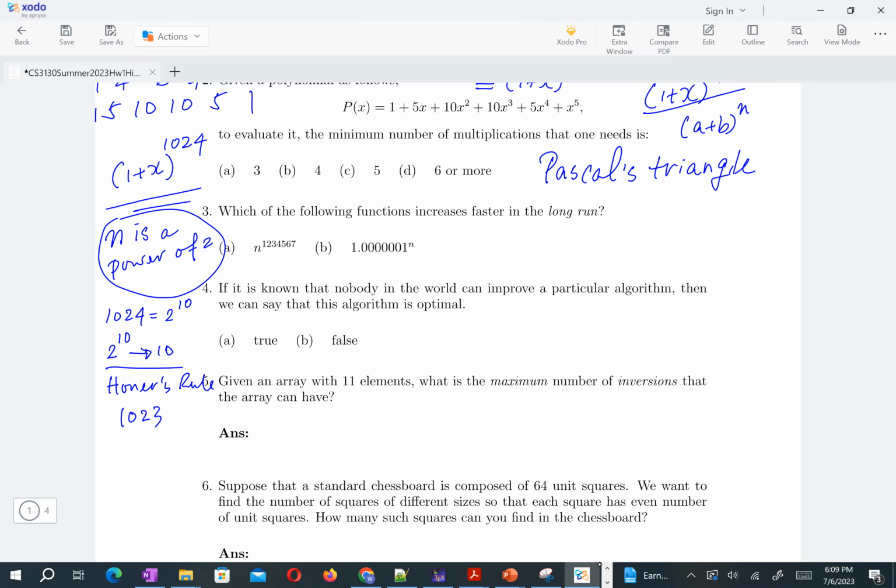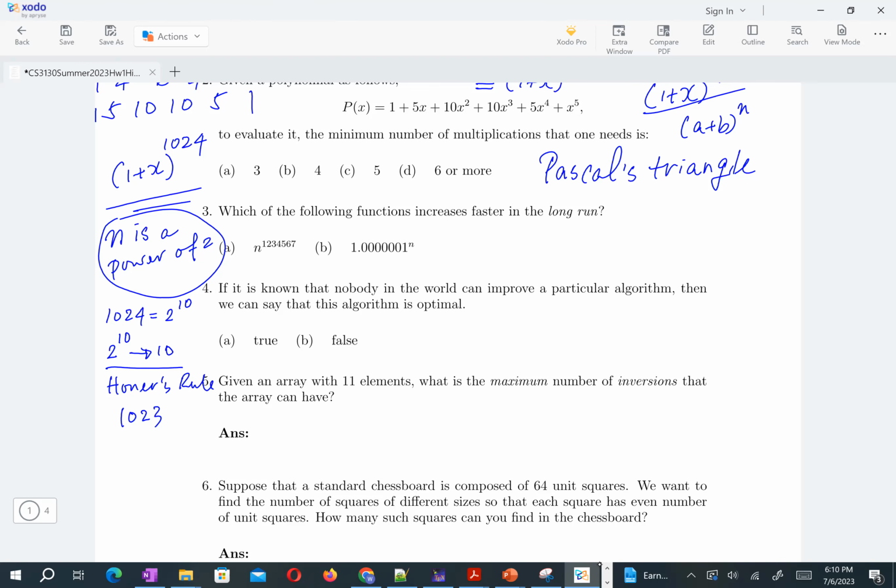But for Pascal's triangle, the goal is that we want to get a power function. If you do not apply Pascal, you get a regular polynomial. It's not a power function, right? It's just a polynomial. But this repeated squaring technique we cannot apply on an arbitrary polynomial.